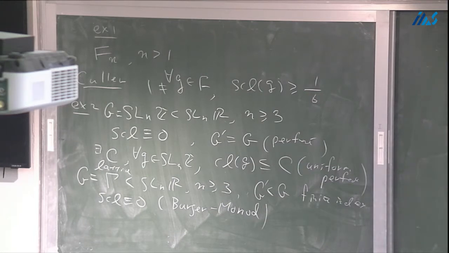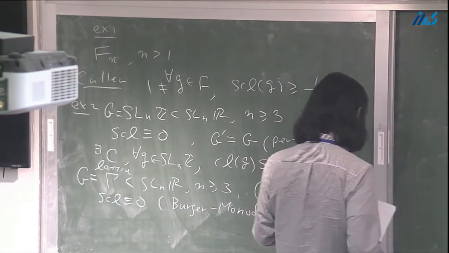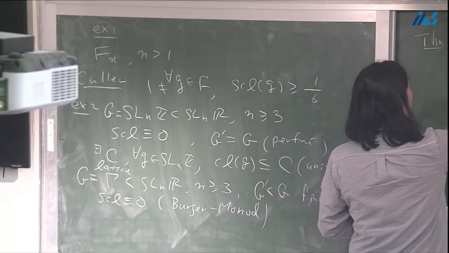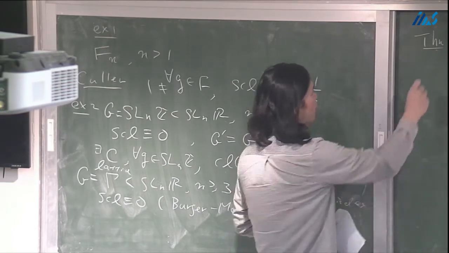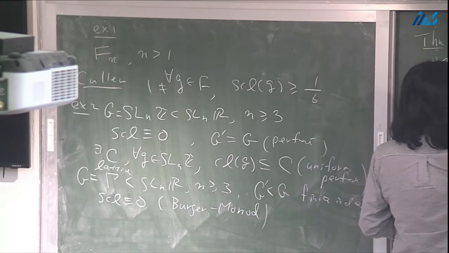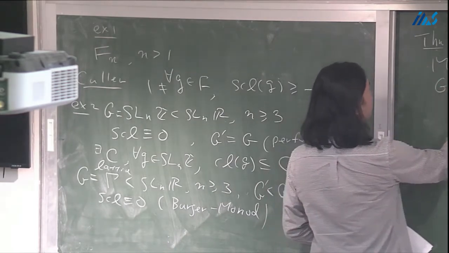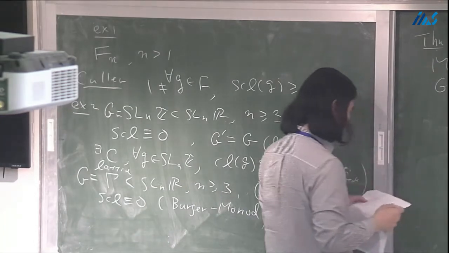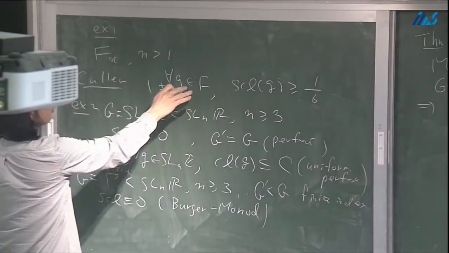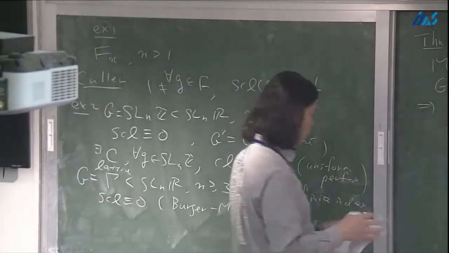Then I'd like to mention a theorem by Danny Calegari, who showed that if you take a closed hyperbolic manifold, and G is pi_1 of the manifold, then this group is like a free group as far as stable commutator length is concerned.